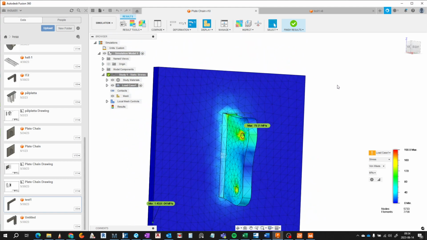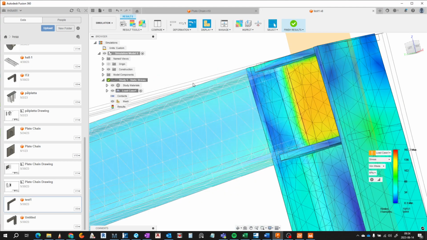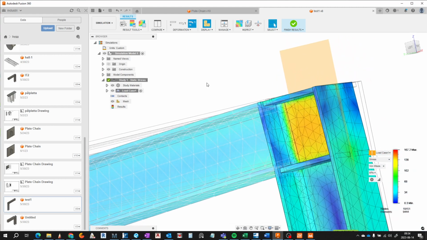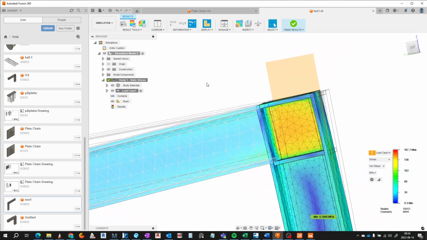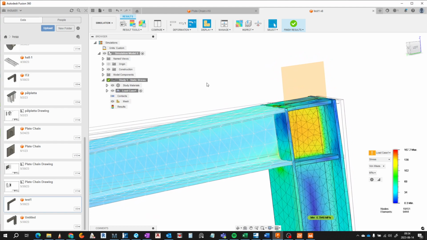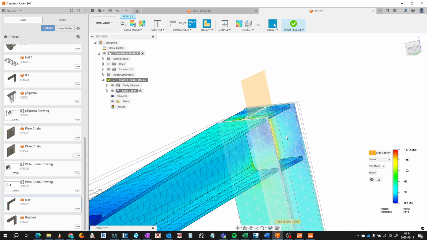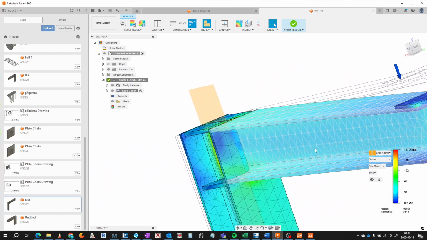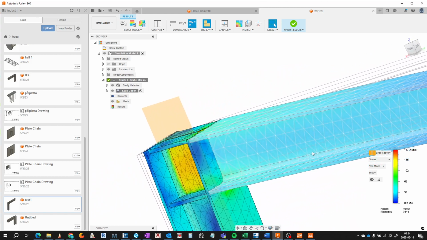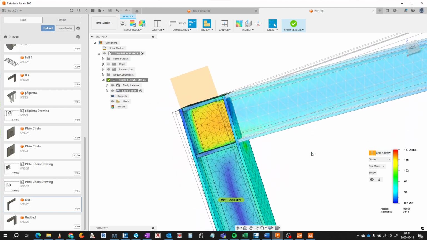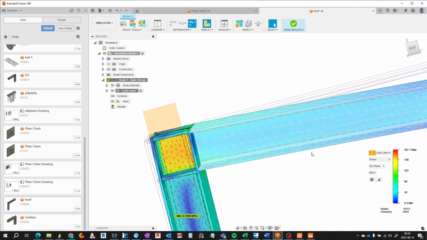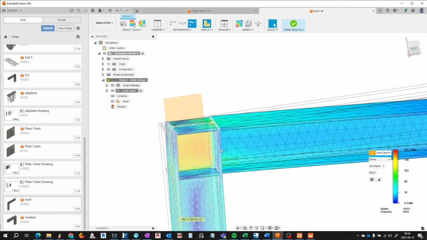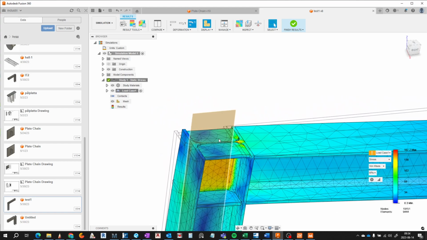In another workshop I showed you this finite element calculation, and we're looking at the von Mises as well. We have a connection of steel column to a steel beam, and of course we have here some stiffeners.